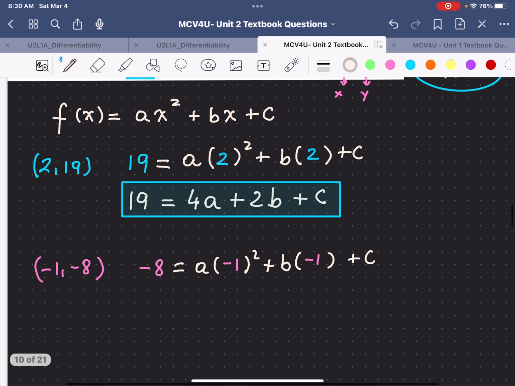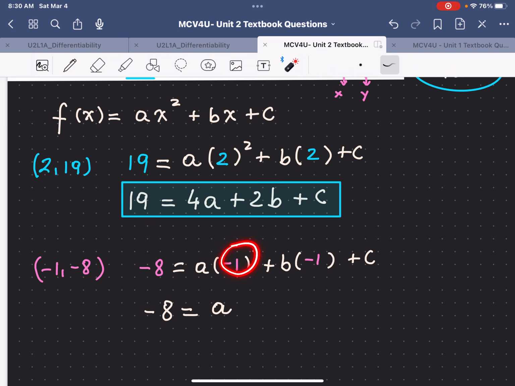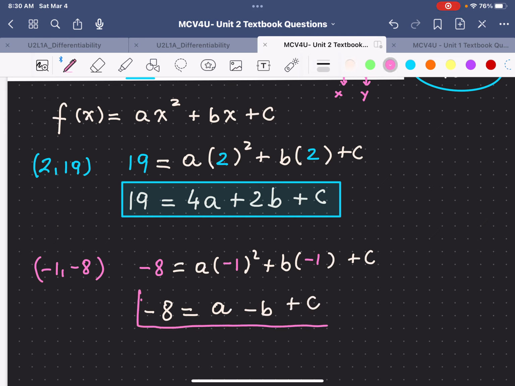Let's simplify. So we'll have -8 equals positive a, remember (-1) squared is 1, minus b plus c. And this will be our second equation that relates a, b, and c together. So let's give them a name actually. We're going to call this equation A and this one equation B.